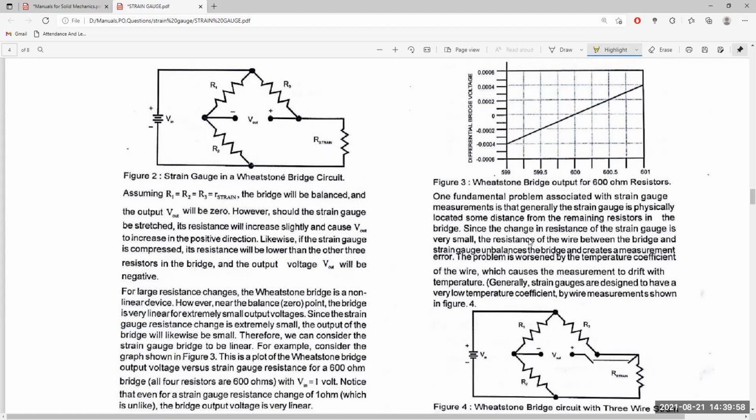Since the change in resistance of the strain gauge is very small, the resistance of the wire between the bridge and the strain gauge unbalances the bridge and creates a measurement error. The problem is worsened by the temperature coefficient of the wire, which causes resistance to drift with temperature. Nearly all strain gauges are designed to have a very low temperature coefficient, and a three-wire measurement is shown here.